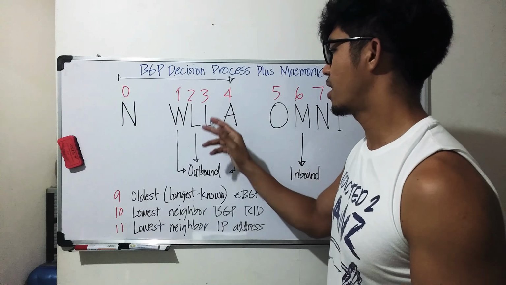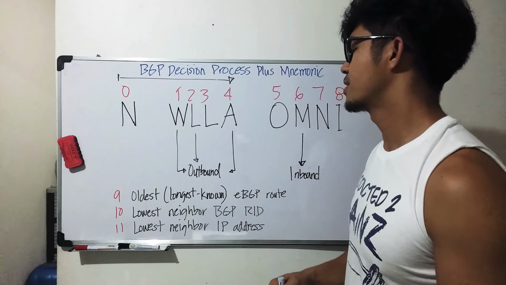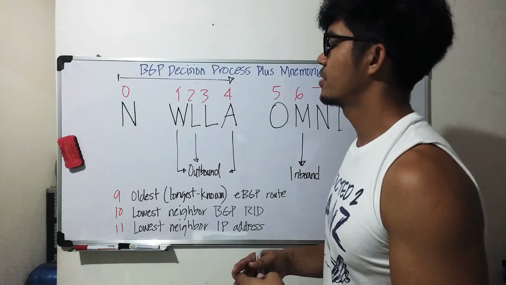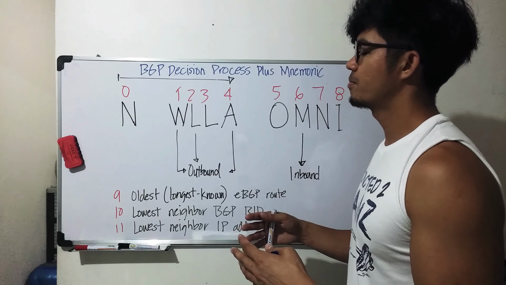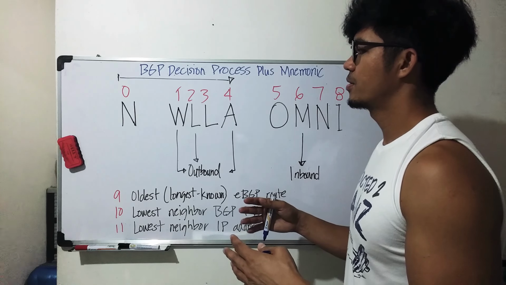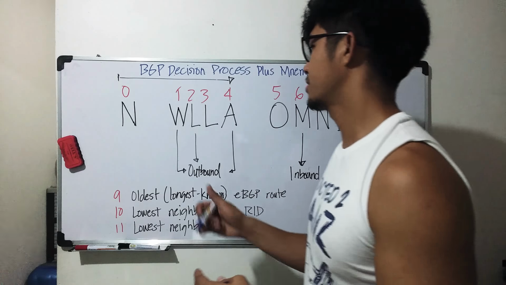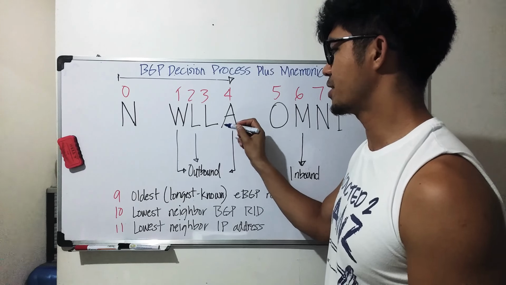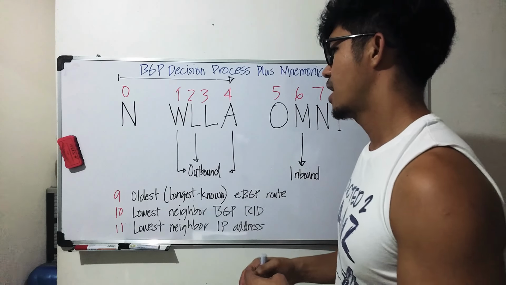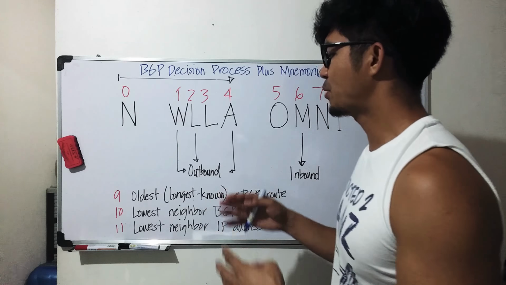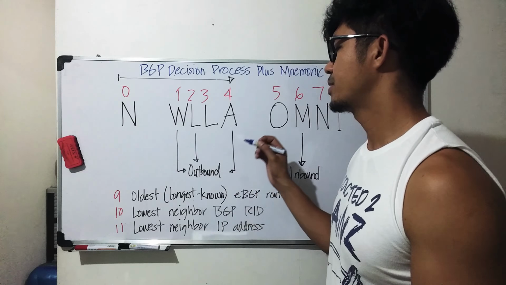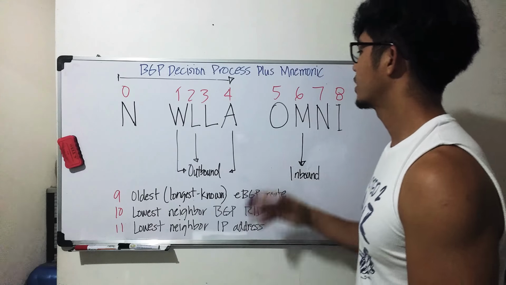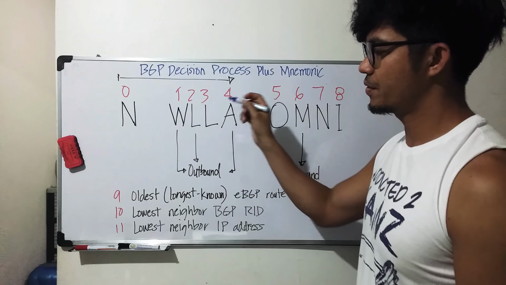So that's why they are put in one set. So wait, local pref, and AS path. These are the path attributes that a network engineer can manipulate to influence the outbound traffic.